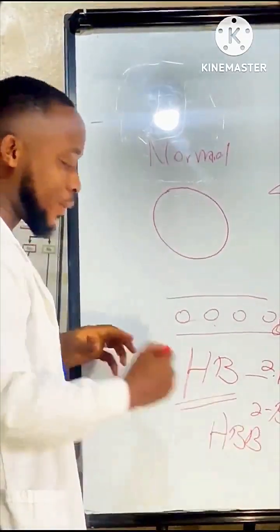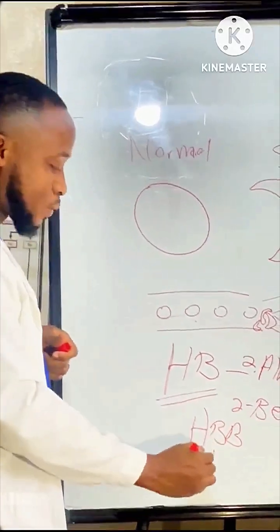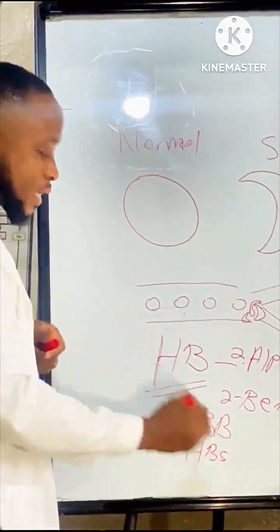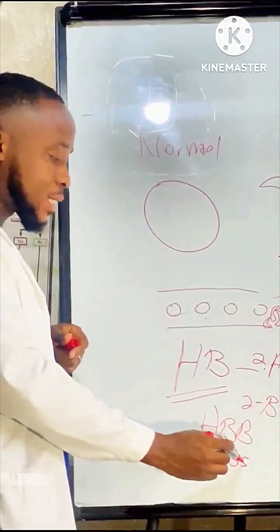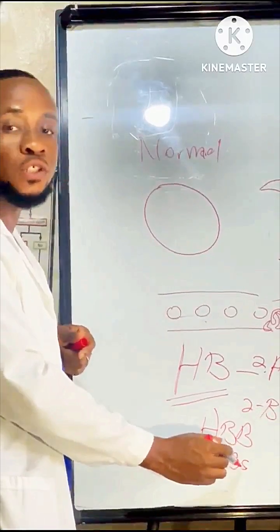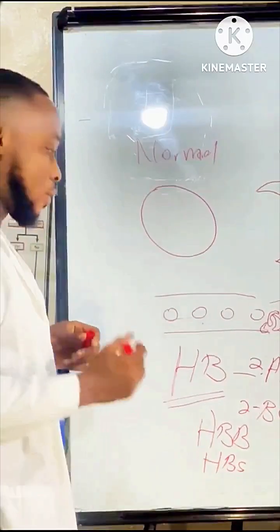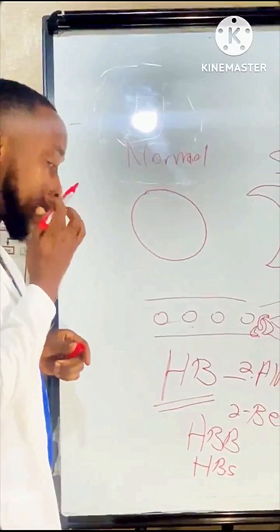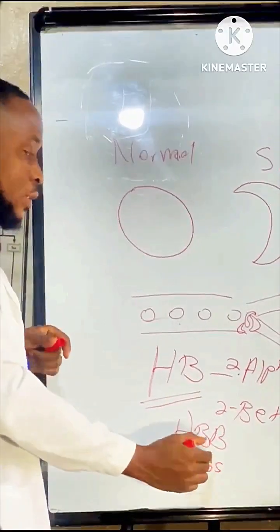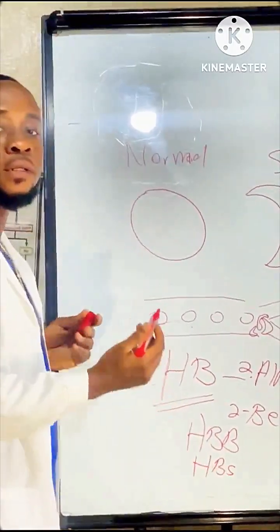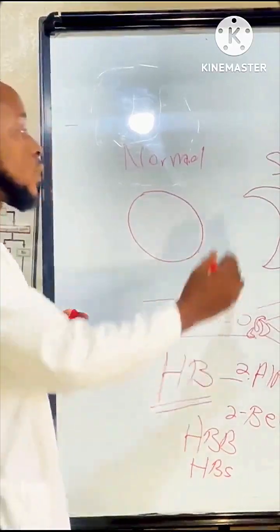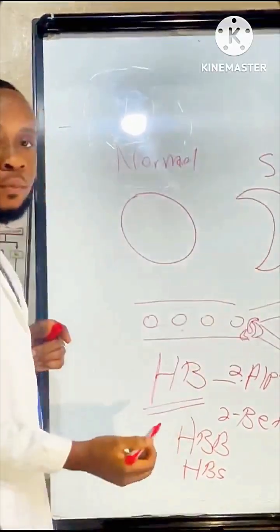Instead of HBB, the person will have HBS. So this S is the sickle cell gene. So now the person has a sickle cell gene and is carrying the sickle cell gene, and that's how sickle cell can be developed.